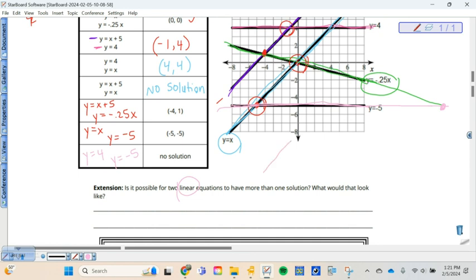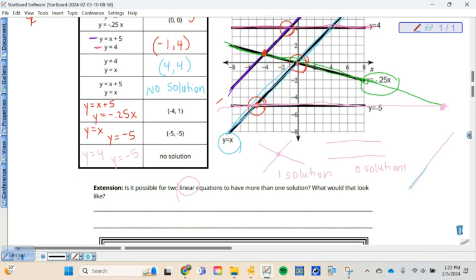So we have three options with linear equations. We might cross one time, and there might be one solution. They could cross never. We have parallel lines, and those have zero solutions. Or we could have the exact same line.